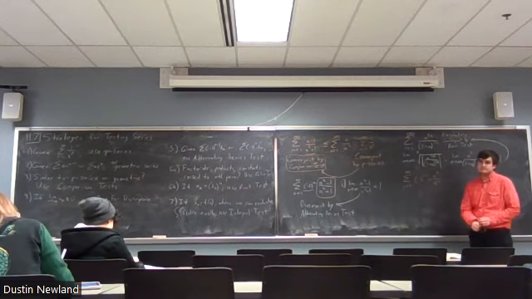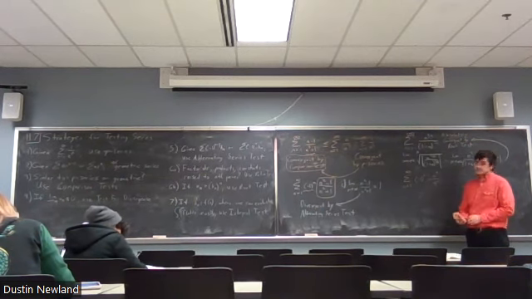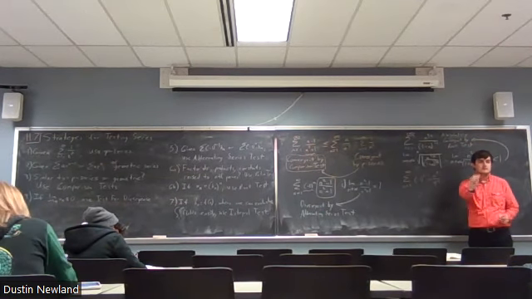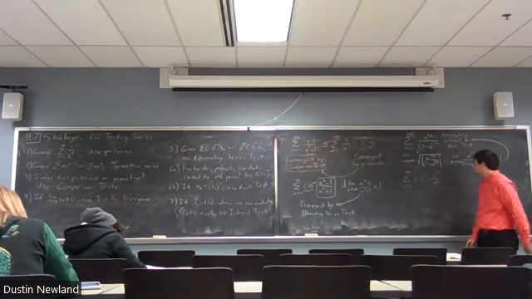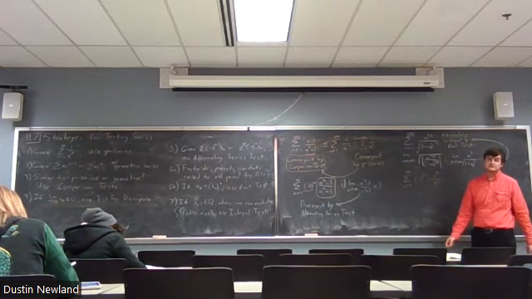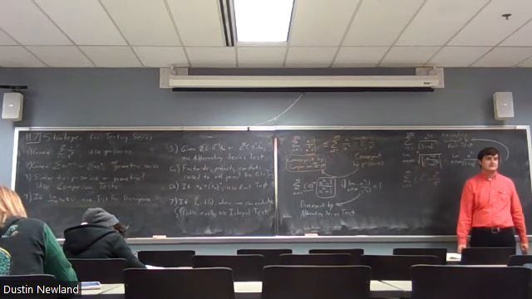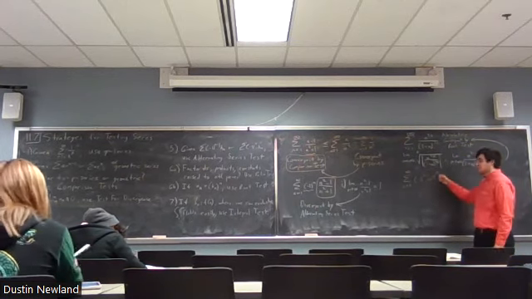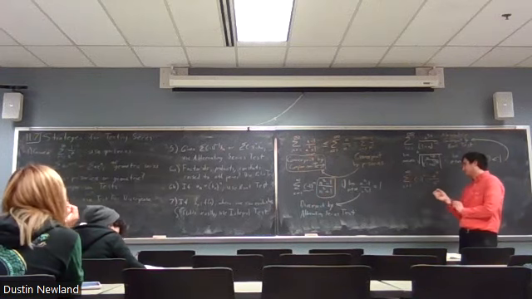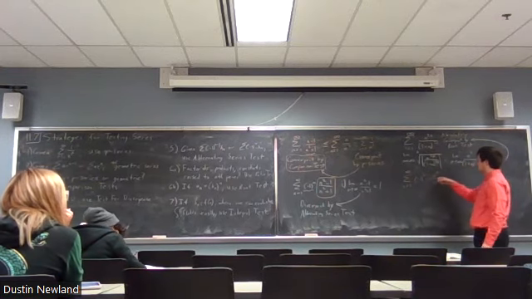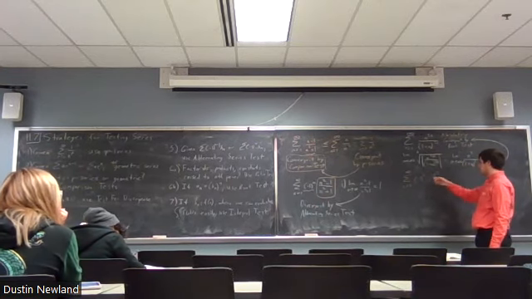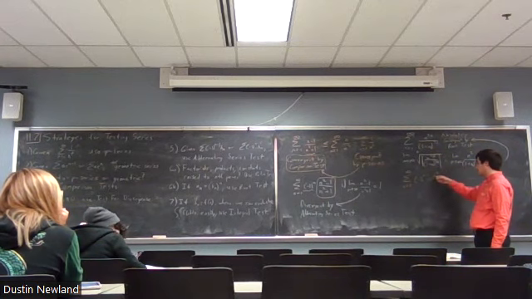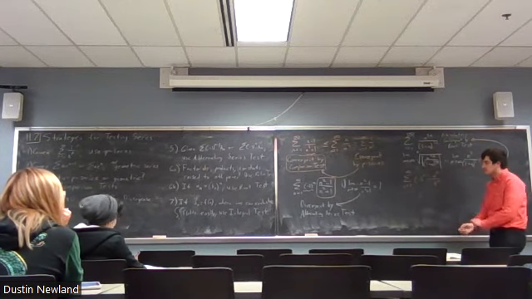Okay. So, is this a p-series? Nope. Wait, 4 to the n. Is this a geometric series? It's still not, because we have n to the 4th. If we just had 1 to the n or 3 to the n here, that'd be fine. But we have n to the 4th power, so it's not a geometric series.